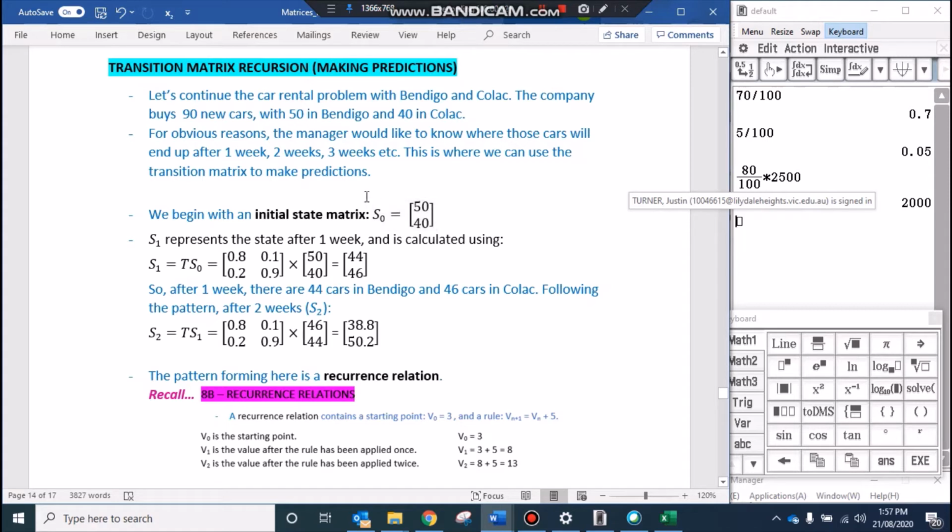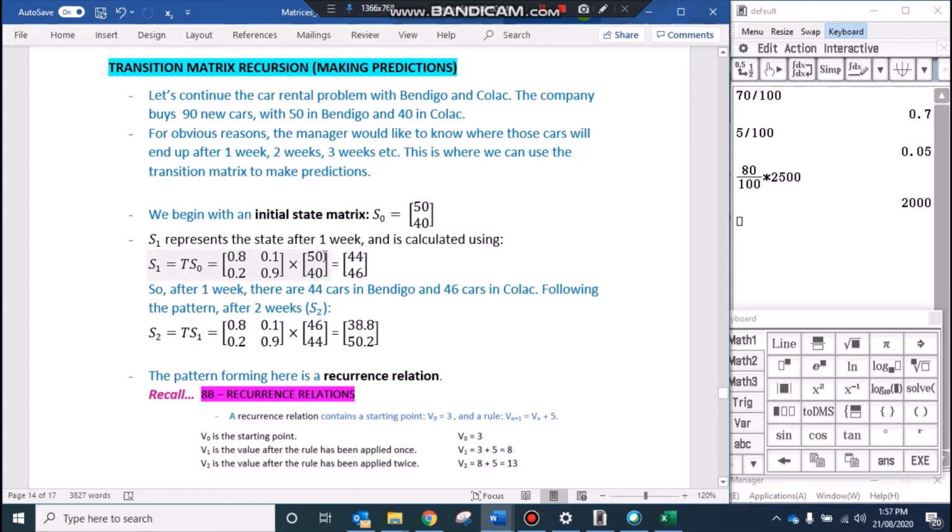So if S0 is our initial state matrix, then what we're going to say is that S1 represents the state, or which of the two branches the cars are at after 1 week. And the way we calculate it is S1 is equal to our transition matrix multiplied by the initial state matrix. So remember, that's the transition matrix that we got from our transition diagram.